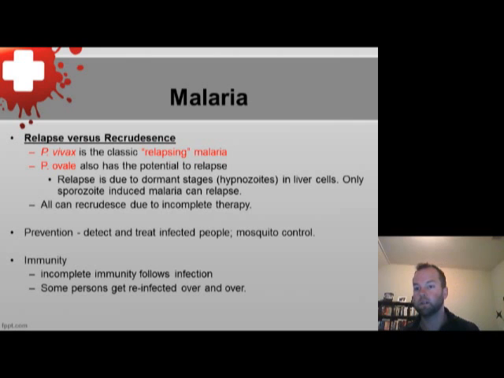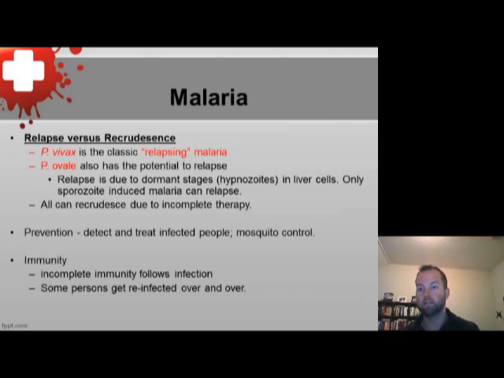And this is due to the hypnozoites developing during the exoerythrocytic cycle of infection, and they stay in a dormant stage they call hypnozoites and are released months or years after the original infection. The only two species of Plasmodium that are capable of relapsing are Plasmodium vivax and Plasmodium ovale.